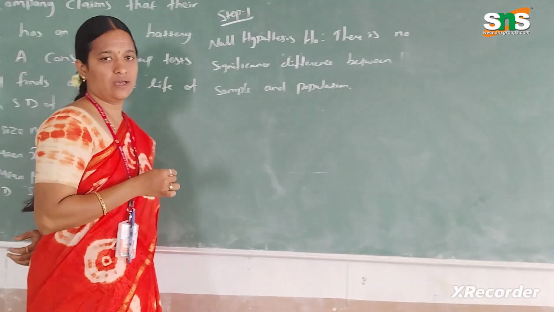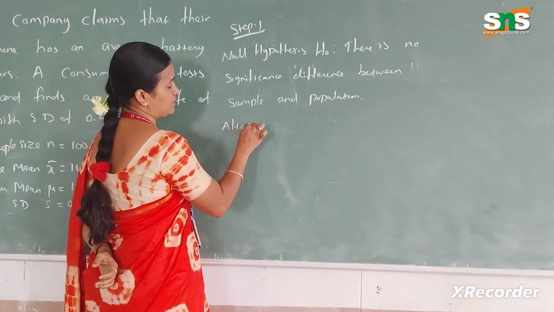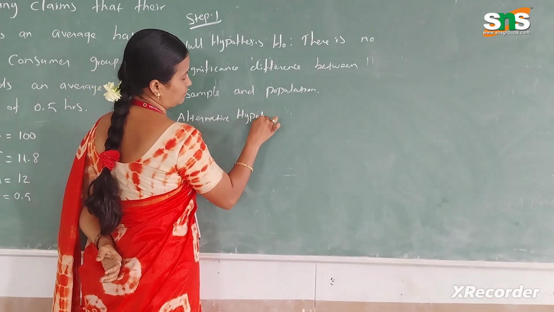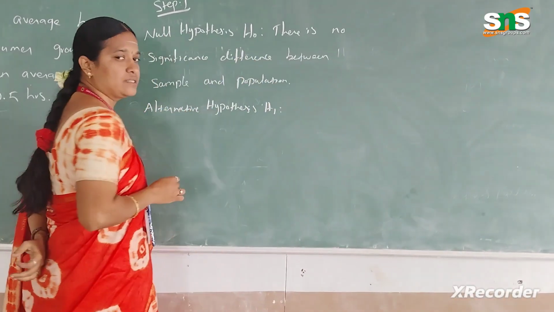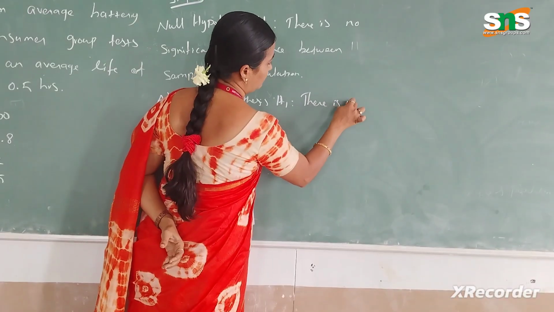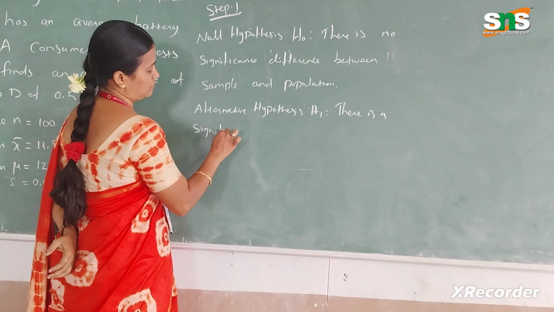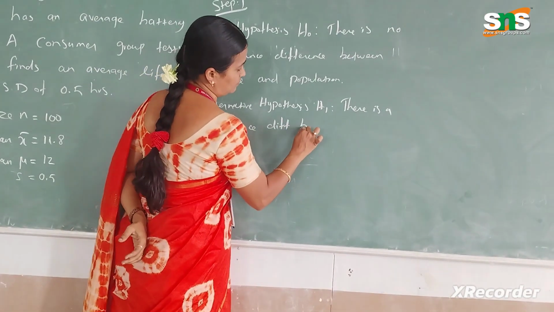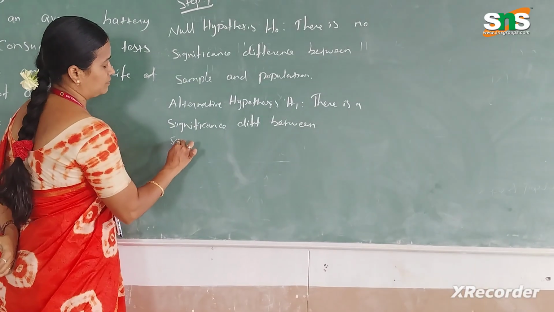So this is my null hypothesis. The alternative hypothesis, H1, is the opposite statement of the null hypothesis. So there is a significant difference between sample and population.